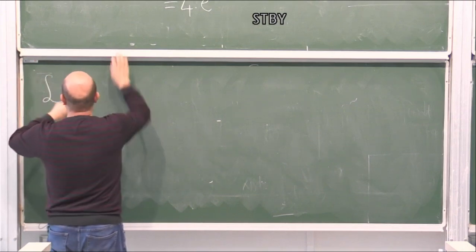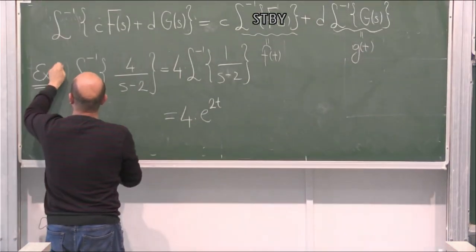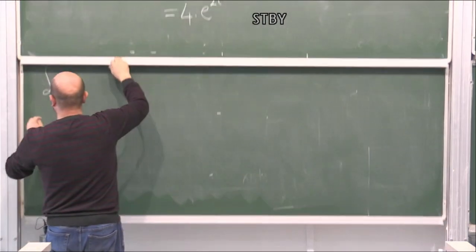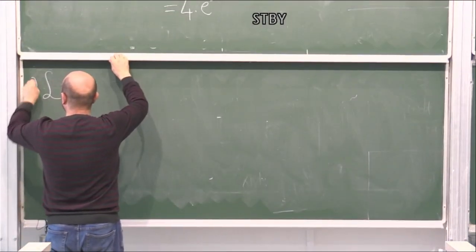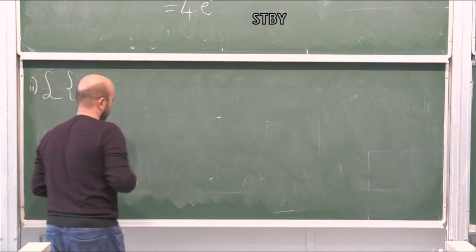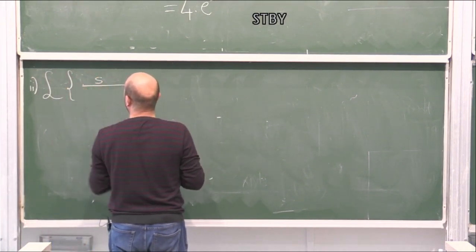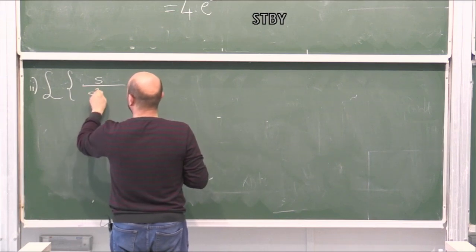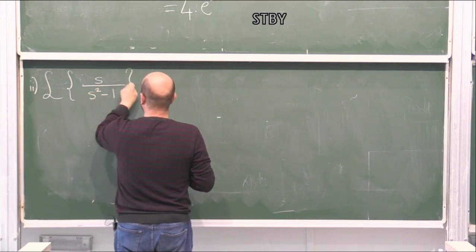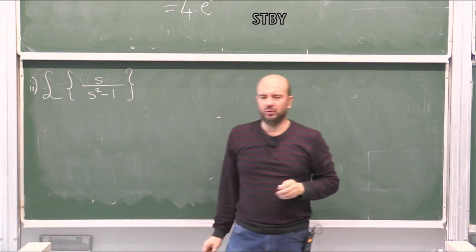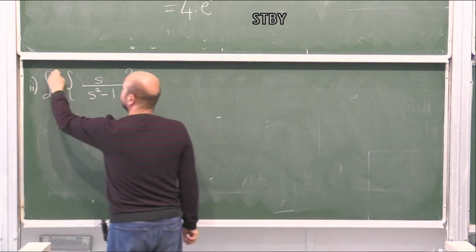Another, let me just name this as 1 and name this as following. So s over s squared minus 1. How about the inverse Laplace of this?